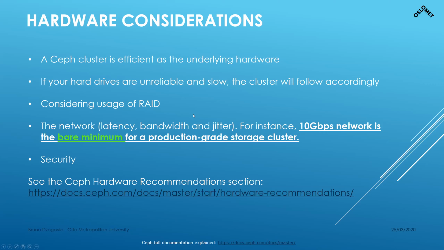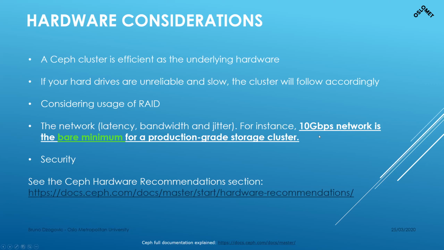You will need to have a good network as well. The network should have low latency, very high bandwidth, and low jitter. For example, a 10 gigabit network inside your storage cluster is the literal minimum for production-grade storage clusters.